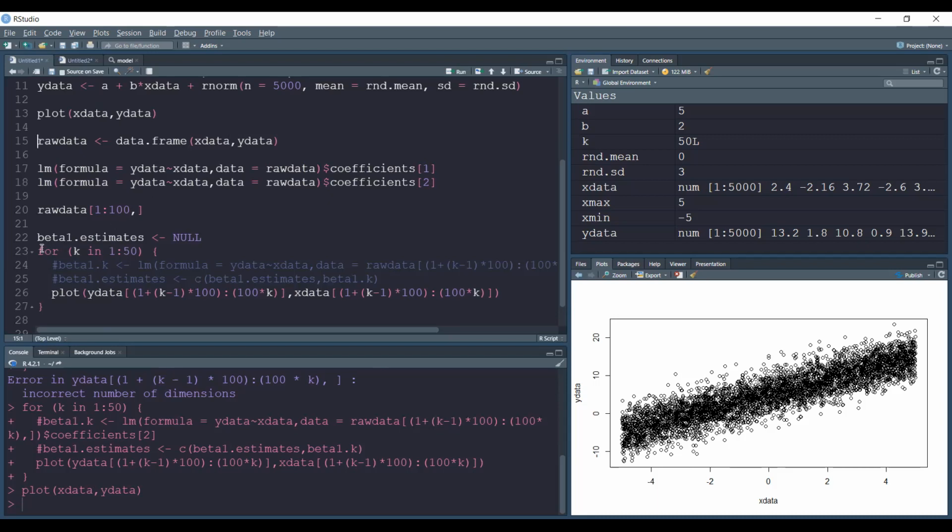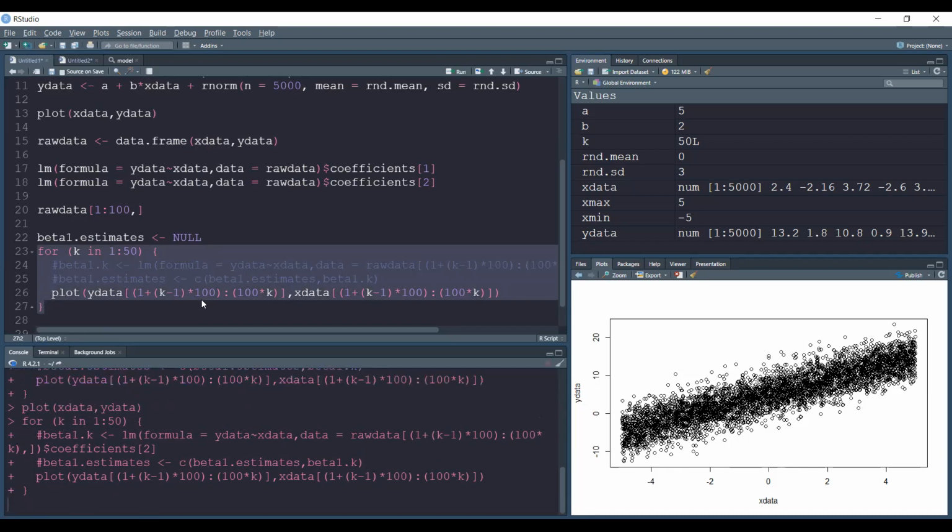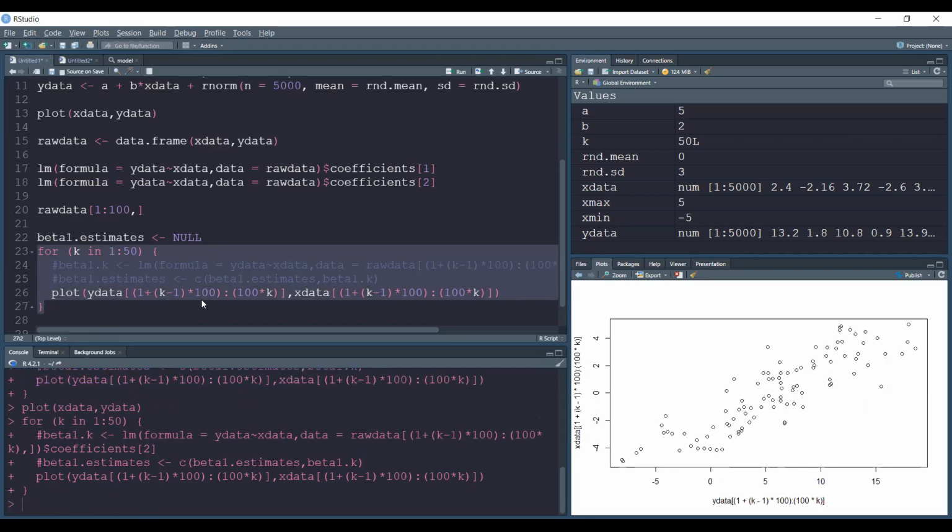What I'm doing here is telling R to plot only the first 100 observations, then the next 100, then the next 100, then the next 100. So if I run this, it's actually plotted each data set.